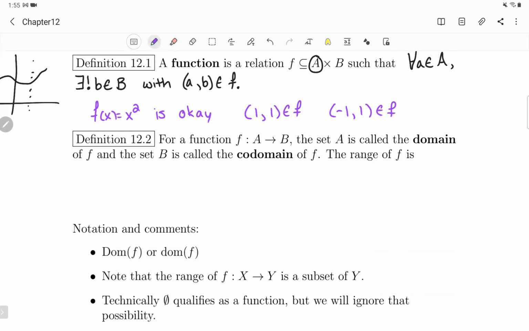So the range of F is the set of all B in capital B such that there exists A in capital A with (A, B) an element of F. So the range of F is the stuff from B that's actually used, okay?